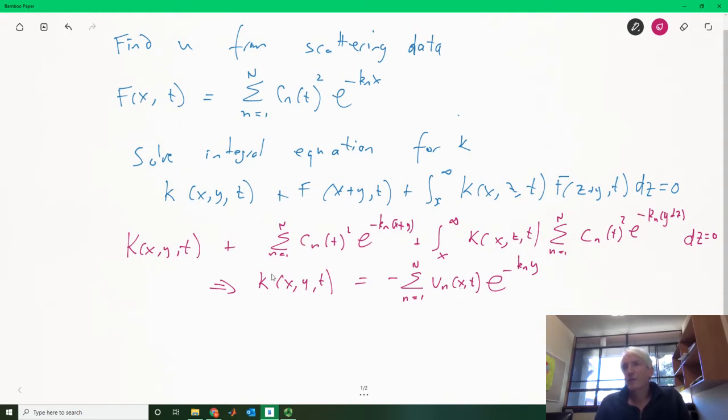So we substitute this into this equation. We're going to get the sum here, we're going to eliminate the e to the minus k_n y's, and we can integrate this term here explicitly. There's quite a bit of work to just jump down here.